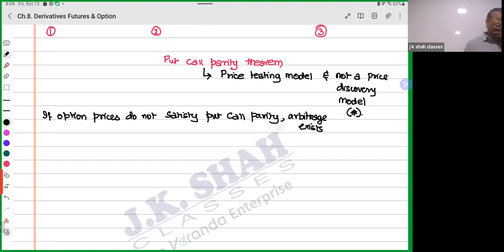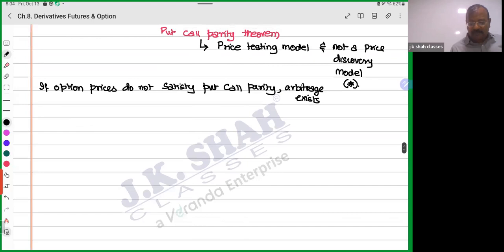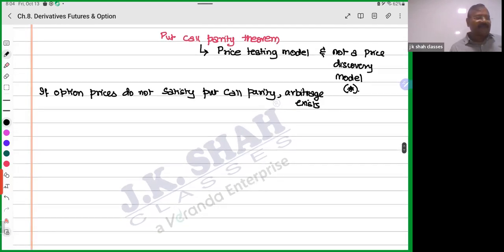Right? Now, this word parity is important because let us say, wait a minute, first do one thing, write this down, this put call parity theorem.